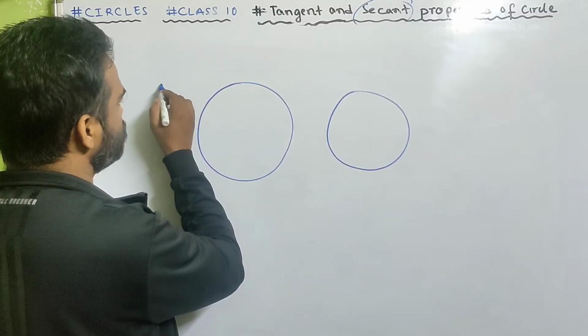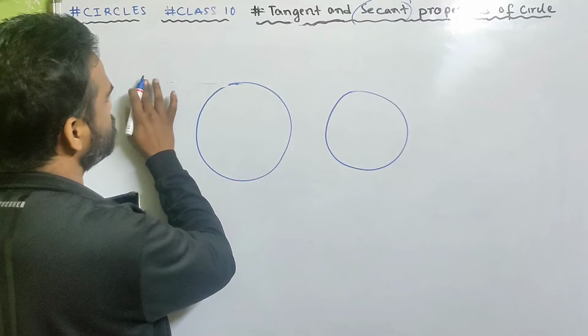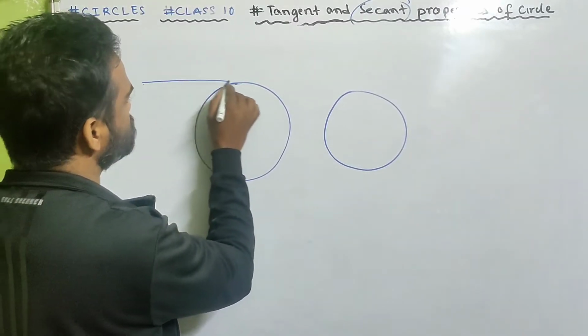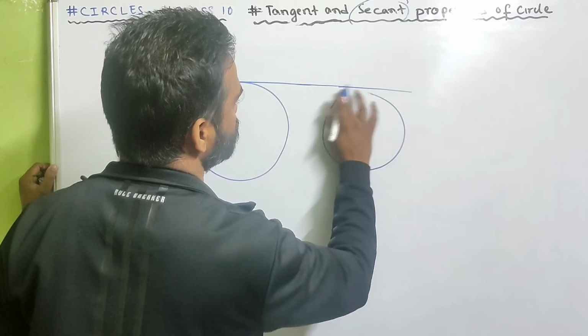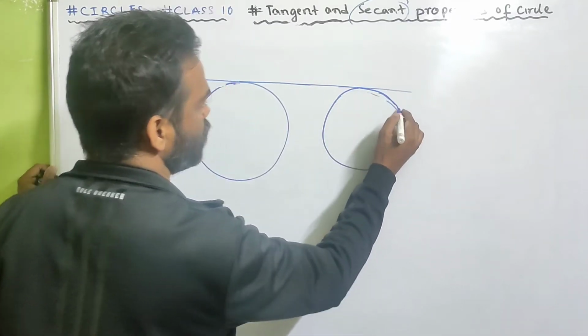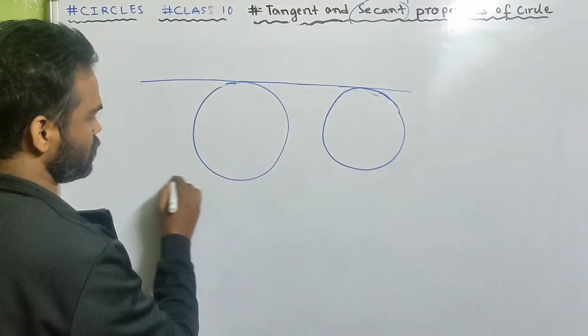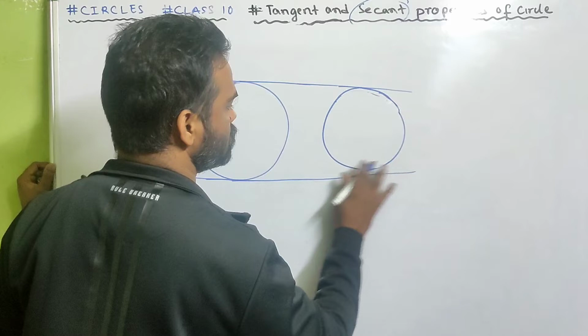I can draw a common tangent like this. Look carefully. I'll just increase it. Okay? I can draw a common tangent like this. I can draw one more common tangent like this.